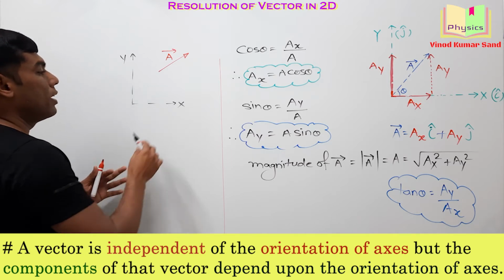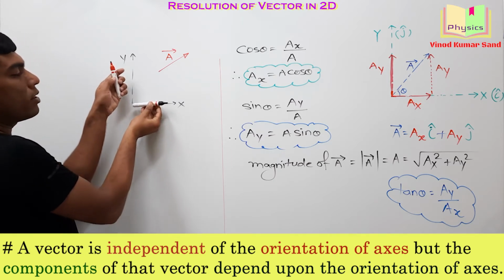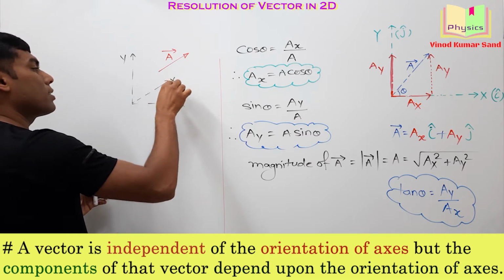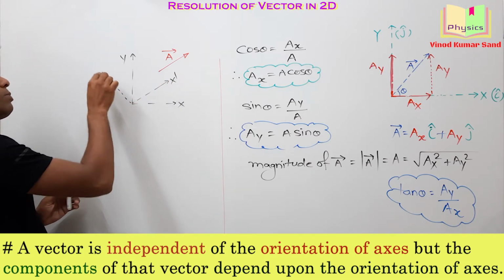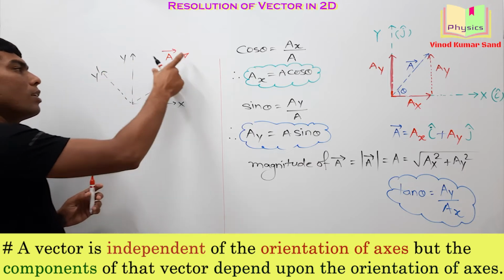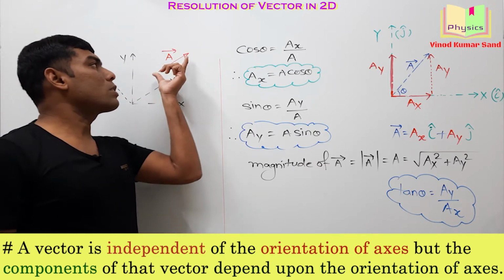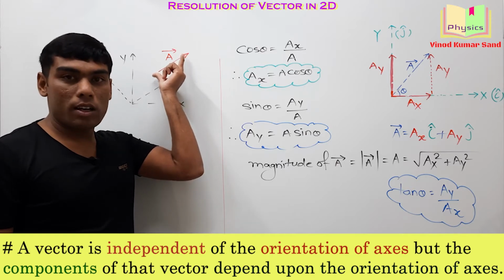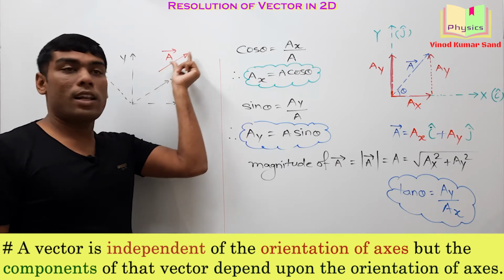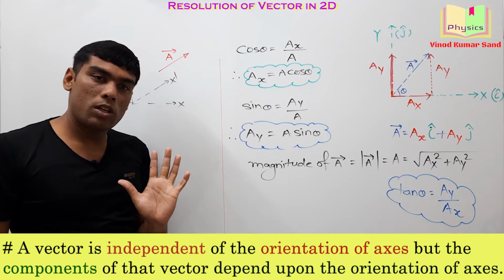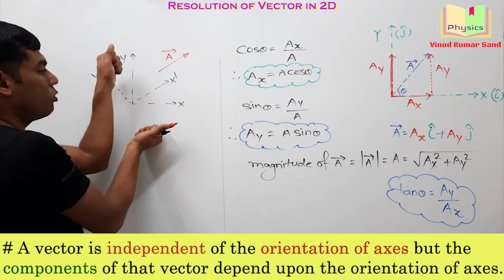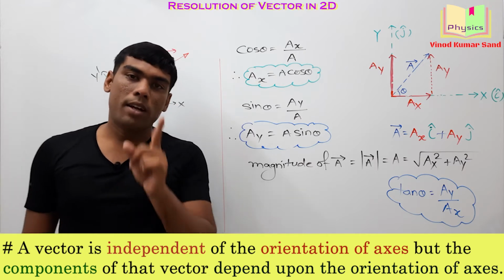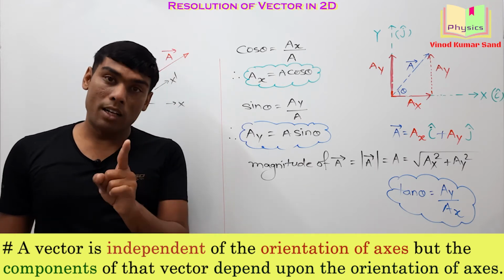For example, let's say you rotate the coordinate system a little bit, then this becomes the x dash and this becomes the y dash. Is anything happening to this A vector? No, magnitude is intact as well as the direction is also unchanged. It means if you translate or rotate or shift the reference frame, the vector will remain unchanged.